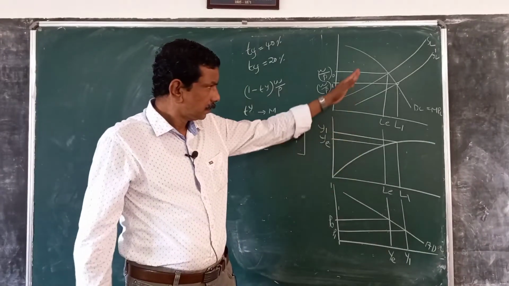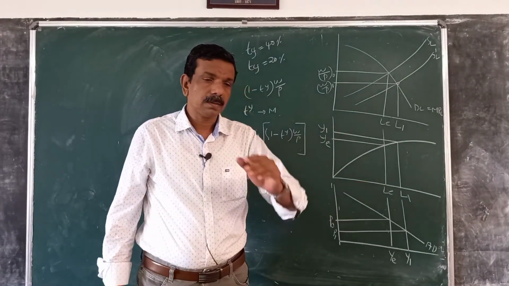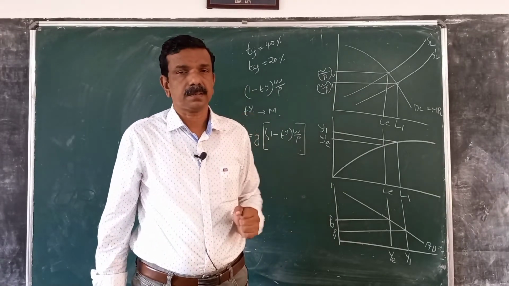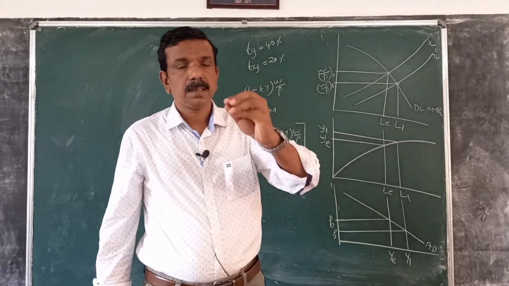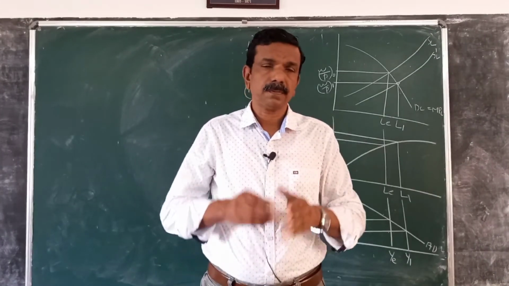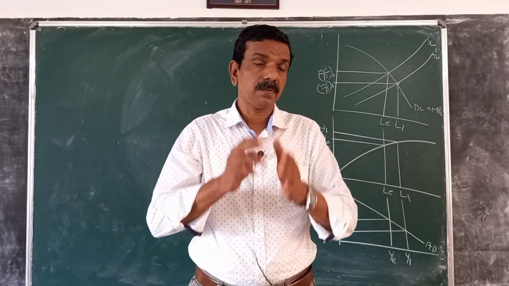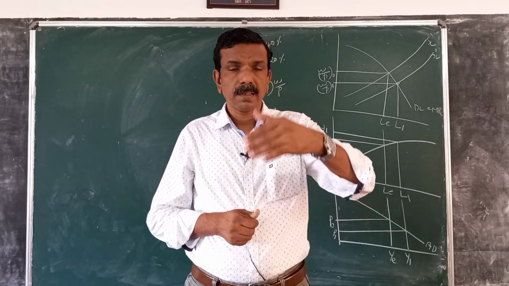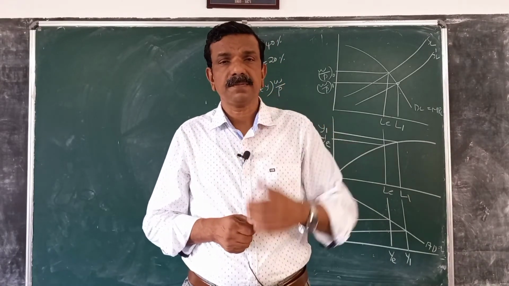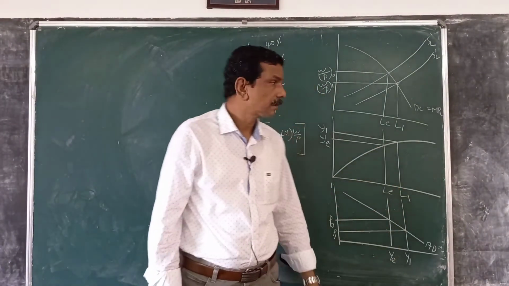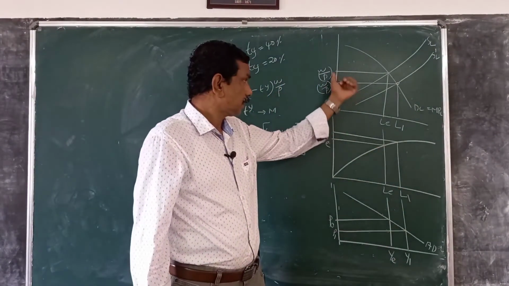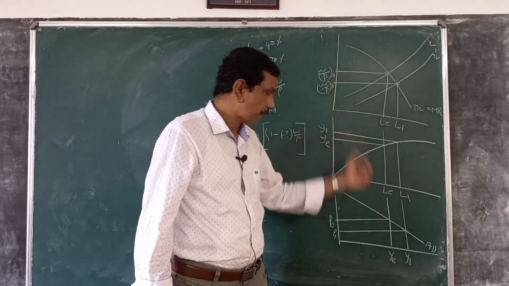So, this is the real supply side effect of a marginal income tax cut. Fiscal policy in the form of an income tax cut has supply side effects. It increases the level of employment and output. W by P, the real wage, decreases because the price level decreases.